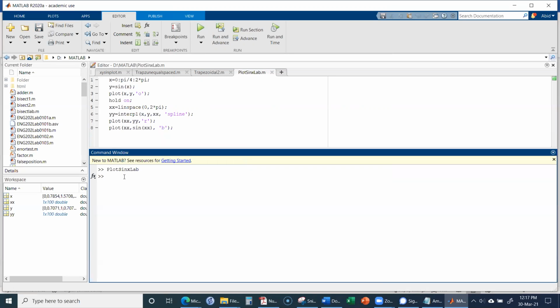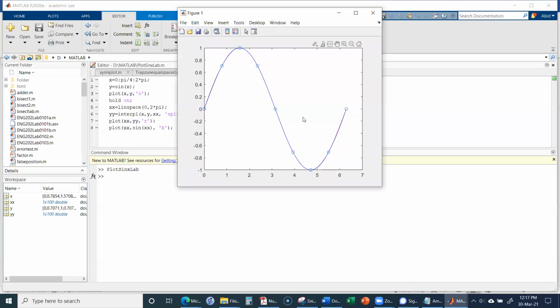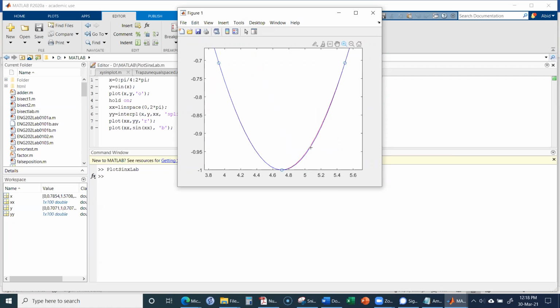So I will run it. Now I can only see this blue line, but I don't see any red line. Maybe the red line is hidden behind this blue line. For this I can zoom in. So maybe I can zoom in on this portion a little bit. Now I can see a little bit of red color over here.